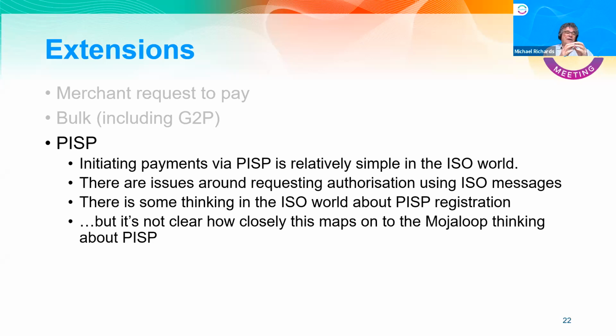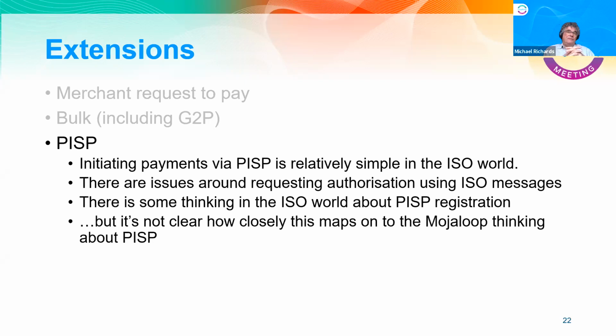We need to make sure that we have a good answer in the PISP world, because I think we're all agreed that one of the big focus points for Mojaloop is going to be its really world-class support for PISPs. And not to be able to provide that in an ISO 20022 world would, I think, be a considerable drawback.